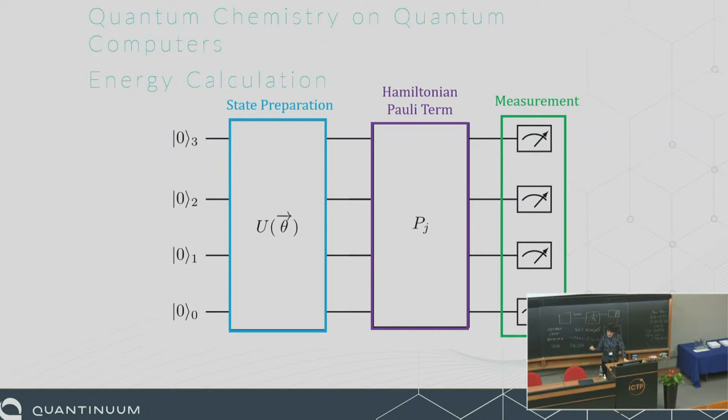Then you repeat for each Hamiltonian term. U can be anything. It can be unitary coupled cluster, it can be hardware efficient, it can be whatever ansatz you want. It just depends on how expressive it is, and how accurately you'll be able to represent the ground states.